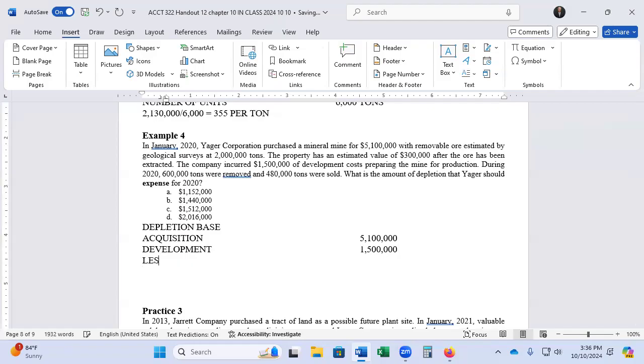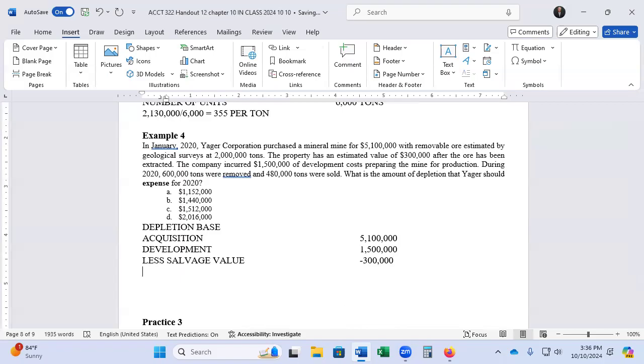And then less salvage value minus 300,000. And it doesn't say any cost to restore the property back into it. So we're going to exclude that now. And so our total depletion base is going to be equal to 6.3 million.